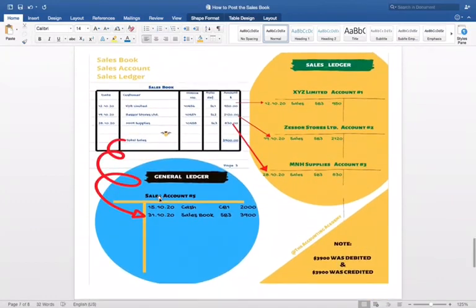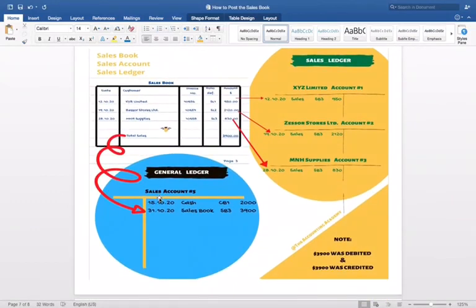It's going to help you save time and it's going to show that you understand. So just to recap, post each entry to the relevant customer's account in your sales ledger, and then take your total and post that to your sales account in your general ledger.